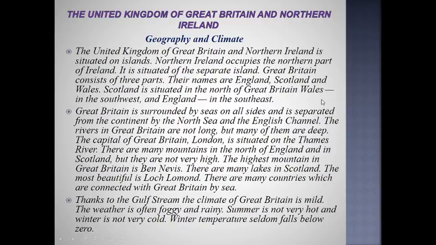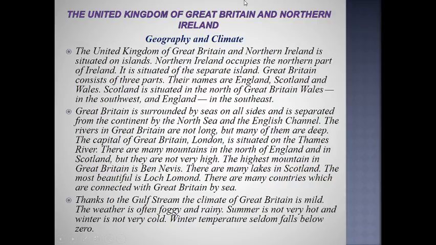It is situated on the separate island. Great Britain consists of 3 parts. Their names are England, Scotland, and Wales. Scotland is situated in the north of Great Britain, Wales in the southwest, and England in the southeast.